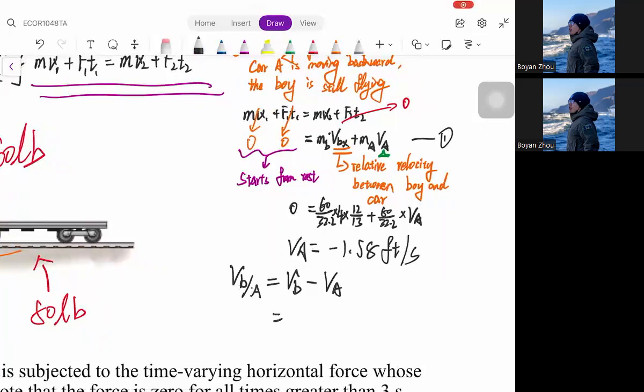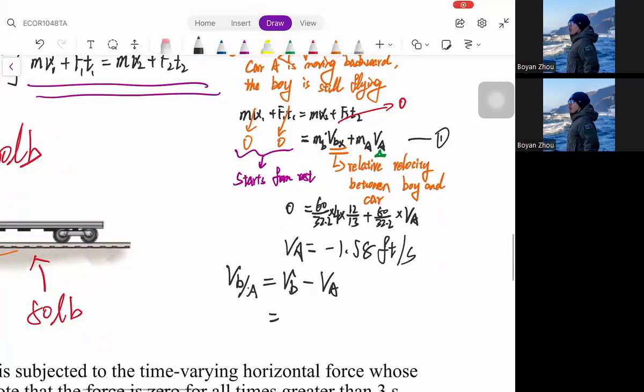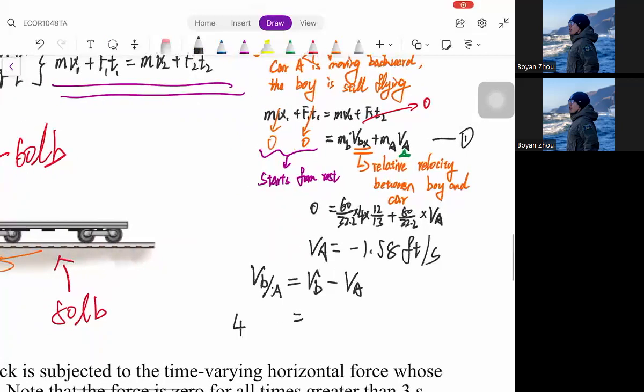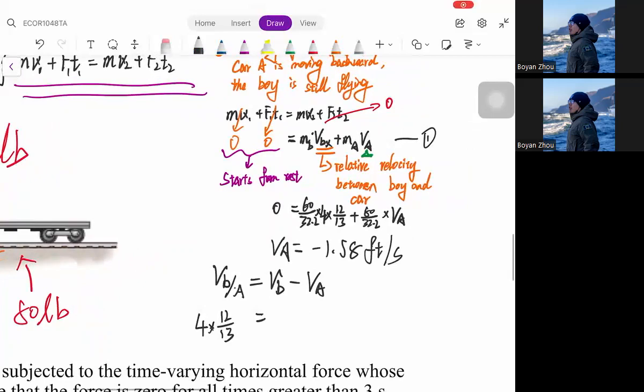So the velocity of the boy relative to the car in the horizontal direction, that is 4 times 12 over 13, is equal to the velocity of the boy, which is the unknown we're looking for, minus the velocity of the car, minus 1.58. So here we can find the velocity of the boy relative to the ground in the x direction is equal to 2.11 feet per second.